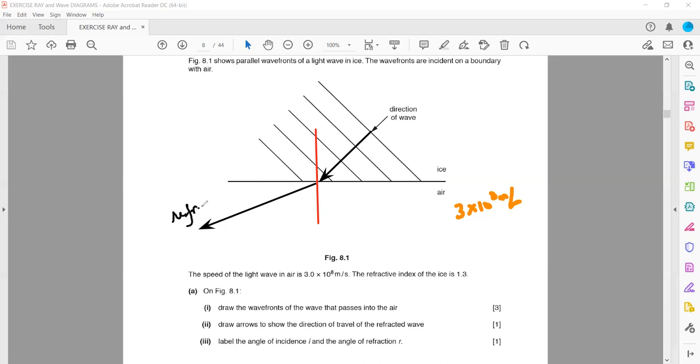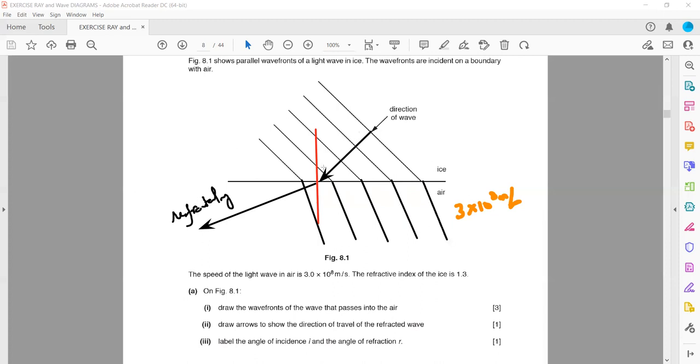This is the refracted ray. So the direction of the refracted ray and the direction of the wavefronts are always 90 degrees. So we'll draw a perpendicular, and the wavefronts in air should be parallel to each other. So we are drawing the parallel lines, the wavefronts.